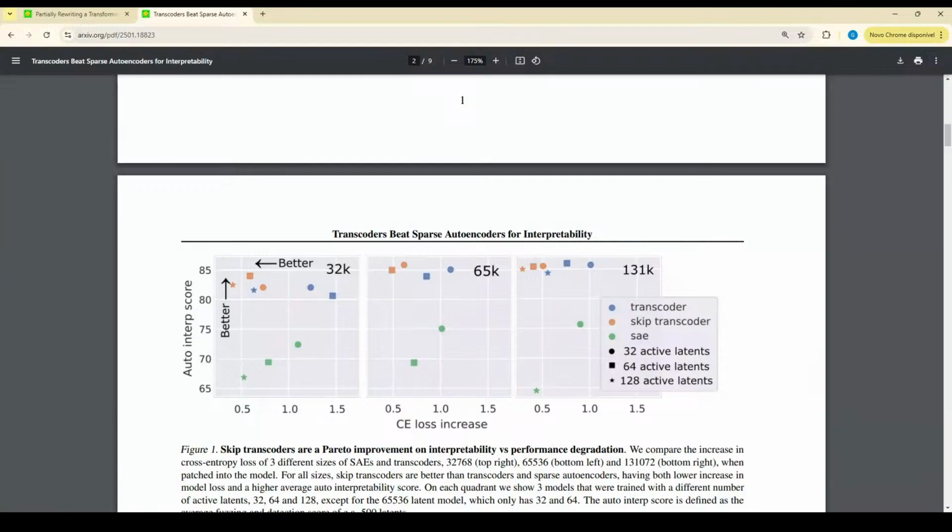If you really want to reconstruct as much as you can, doing the skip transcoder is just even better. It increases the loss much less and is as interpretable, at least the decoder-encoder part, as the transcoder.